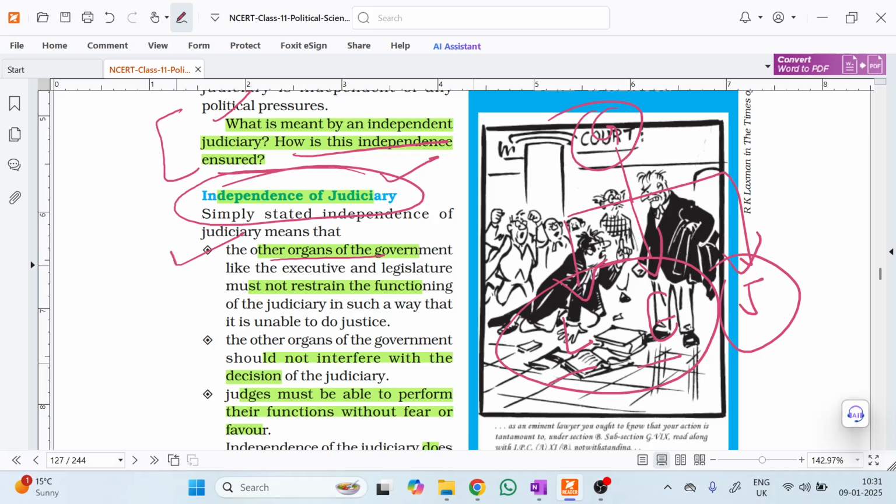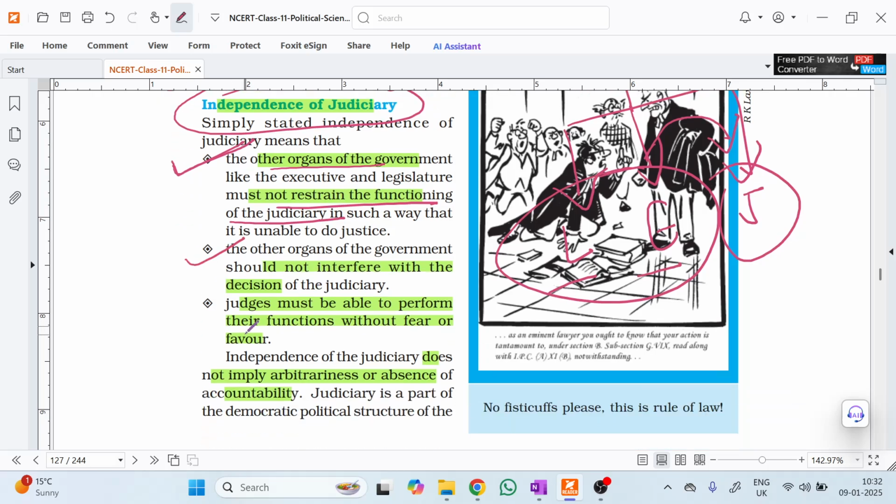So the first principle to ensure the independence is that those other organs they should not restrain the functioning of judiciary. And restraining here means किसी तरह का दबाव, किसी तरह का प्रेशर, कोई इंटरफेरेंस वो सब नहीं होनी चाहिए.